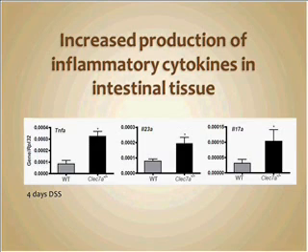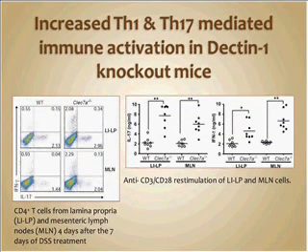If we take T cells out from either the lamina propria or the mesenteric lymph node and activate them, we see that in the Dectin knockout mice, we see more IL-17 producing cells and more gamma-producing cells. Sort of re-stimulation ELISA, we see the same thing. Okay, but basically by every measure of inflammation we looked at, the Dectin-1 mice are experiencing more severe inflammation.